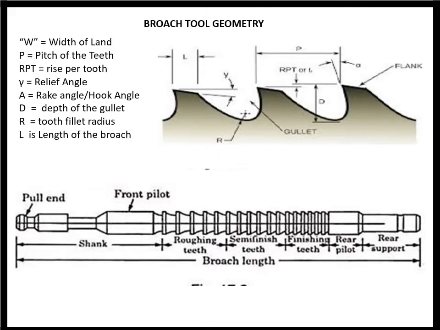Now this slide will give you the broach tool geometry. The figure below shows a total broach with the broach length, and that includes the length of the shank, the follower length and the length of the teeth.